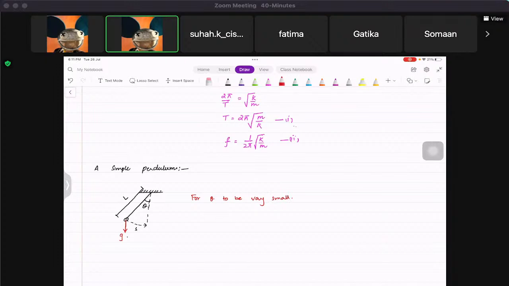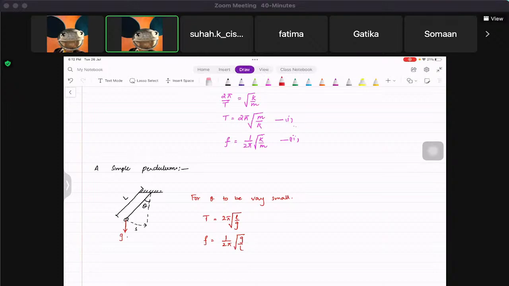So you just need to remember that T can be written as 2 pi root L over g, where L is the length and g is the acceleration due to gravity, and frequency will be basically 1 upon 2 pi root g upon L. These are the two formulas which give you the time period and frequency. Honestly, these would not really matter.